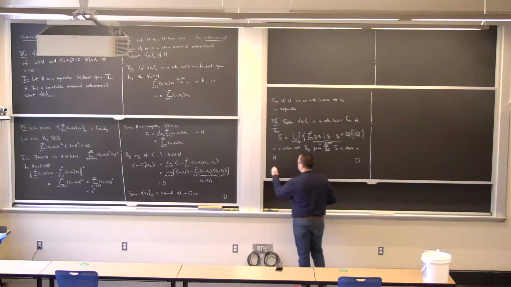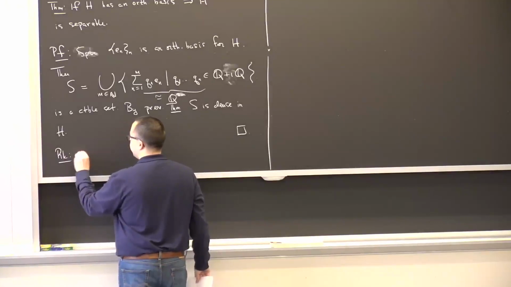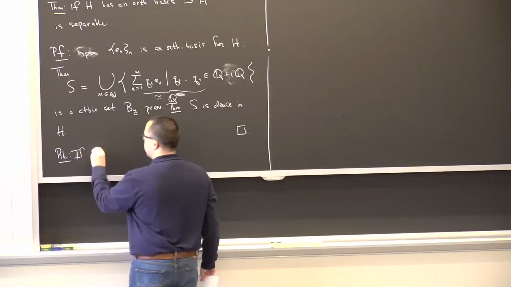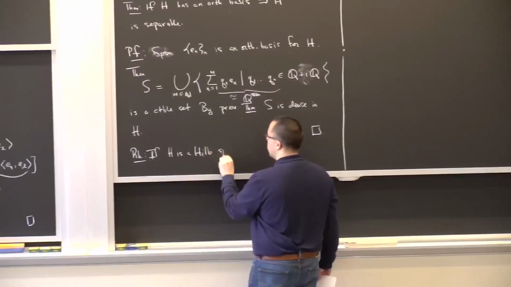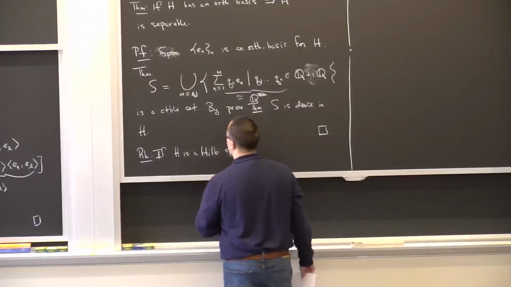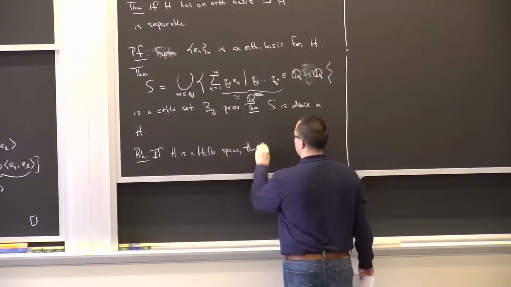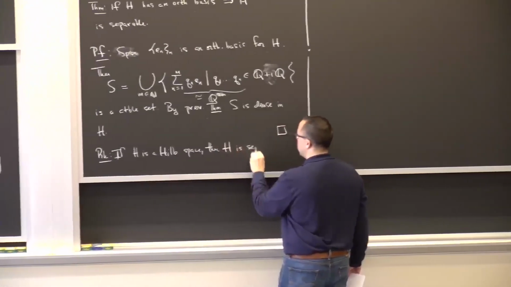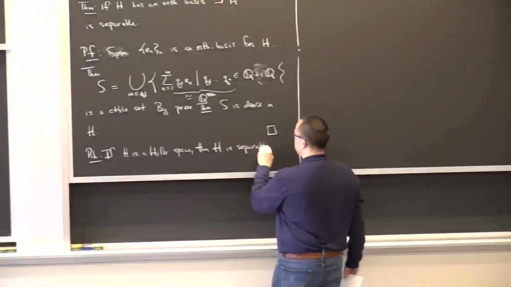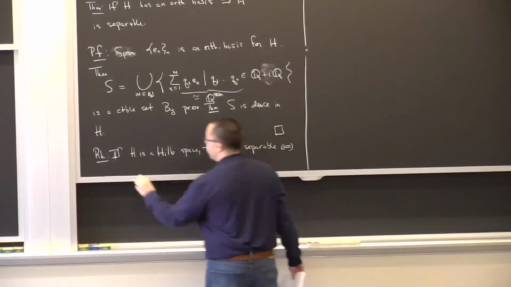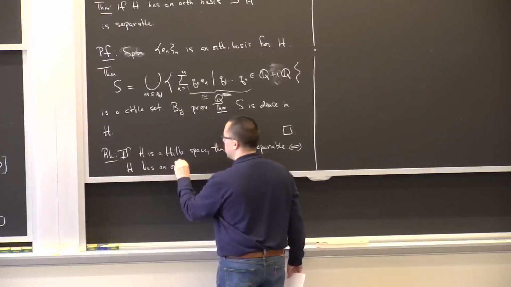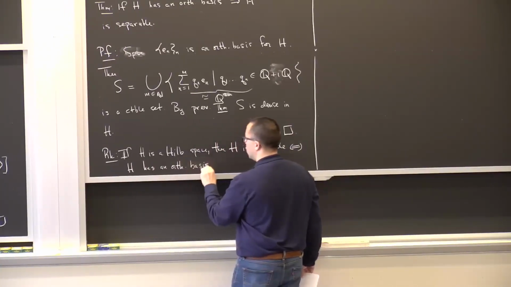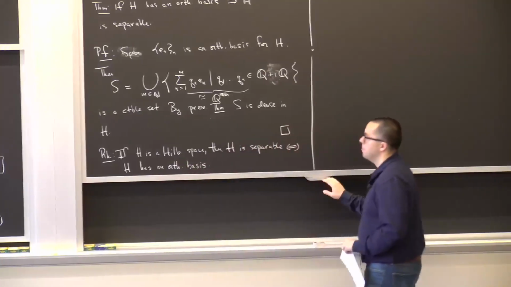Let me make a remark: what we've shown up to this point is that if H is a Hilbert space, then H is separable if and only if H has an orthonormal basis.